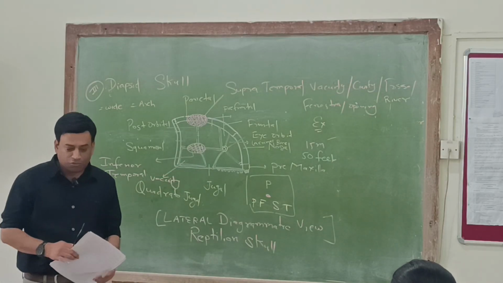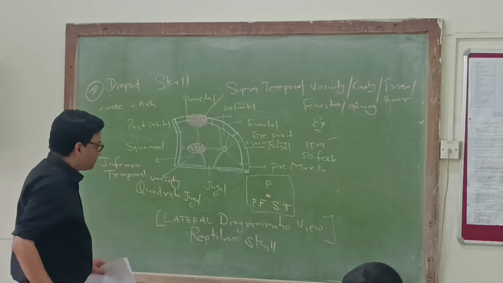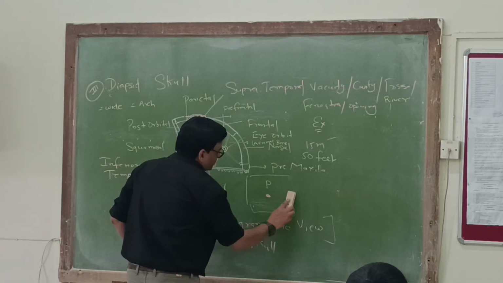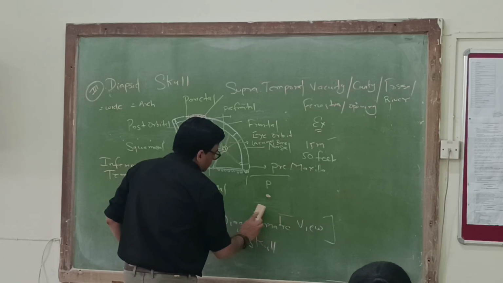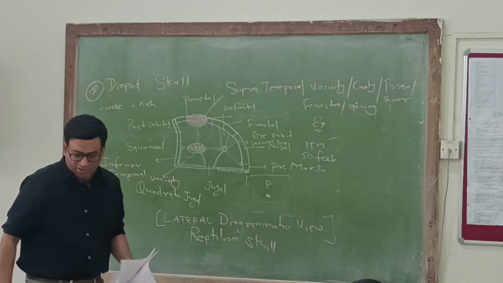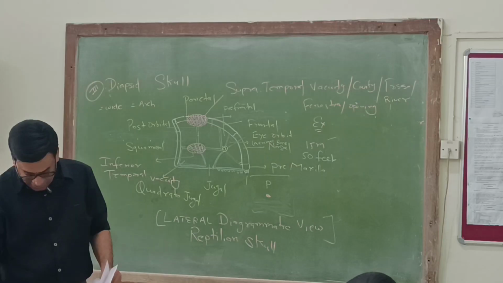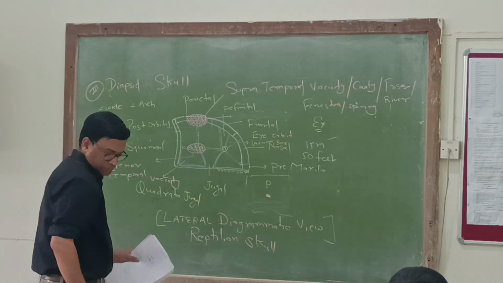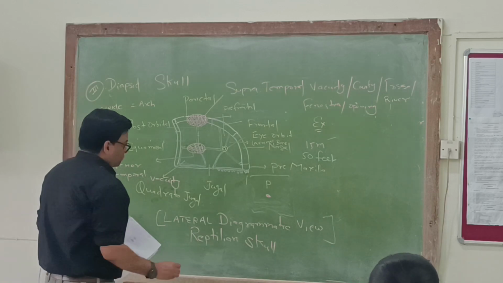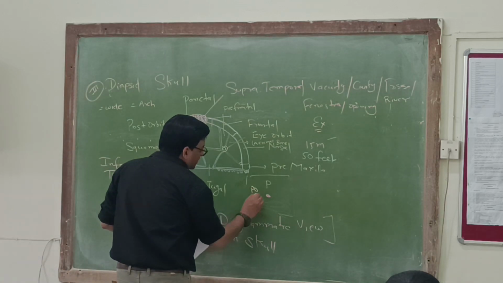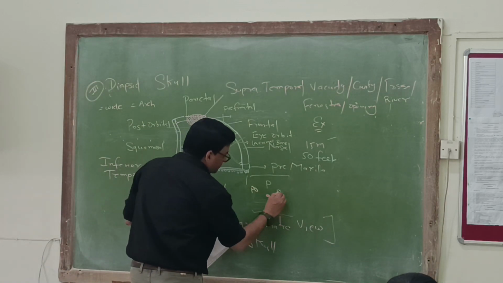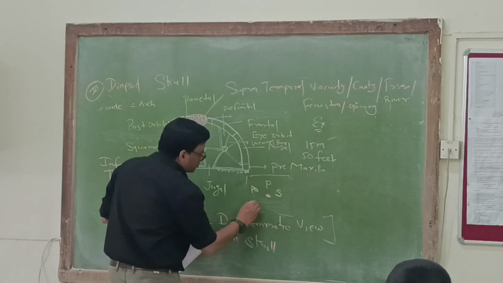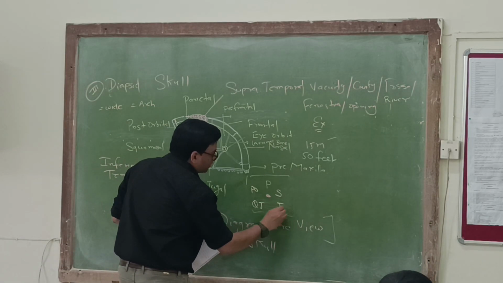Got my point? So what you will do is that there will be a vacuity, but it will be surrounded by postorbital and squamosal from the upper side and quadratojugal and jugal from the lower side.